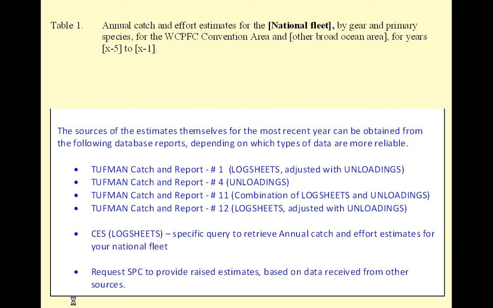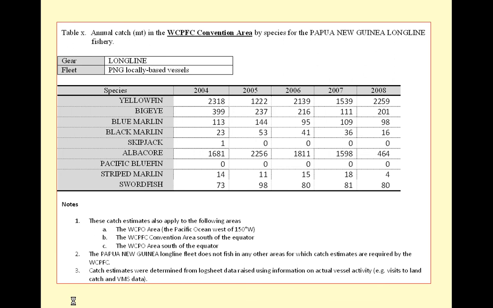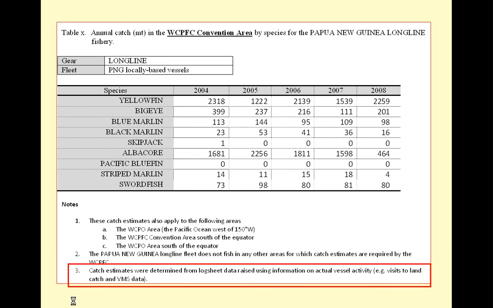The choice of report will depend on the quality of the coverage of each of the data types. We can see in this example that the log sheet data were used after being raised using information on actual vessel activity.